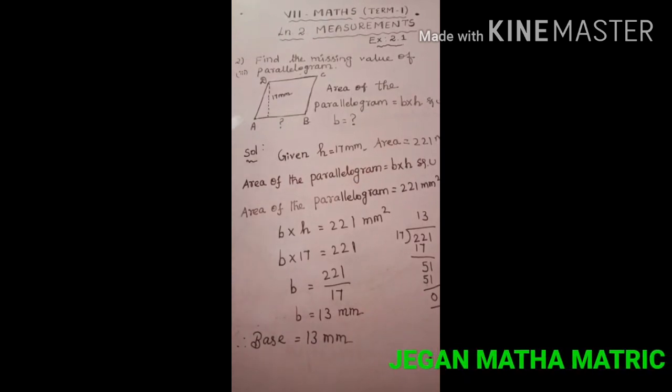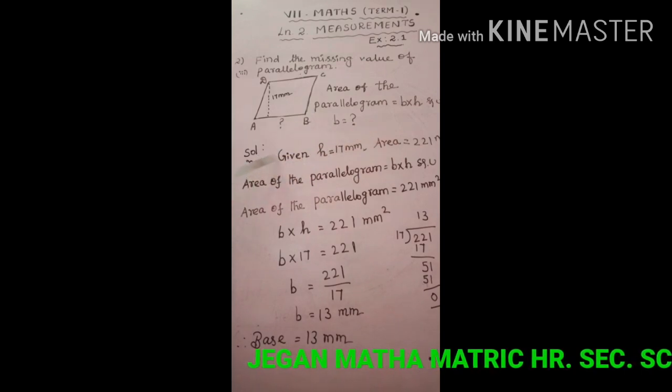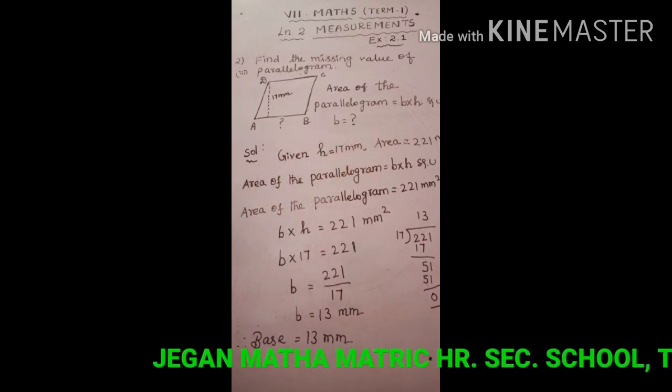Third one, we consider ABCD is a parallelogram. Then height is given as 17 millimeter and also the area of the parallelogram is given as 221 millimeter square. We find the base. So the area of the parallelogram is equal to base into height square units.